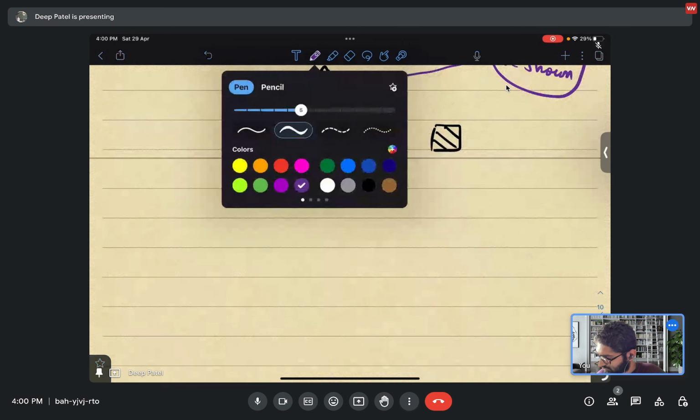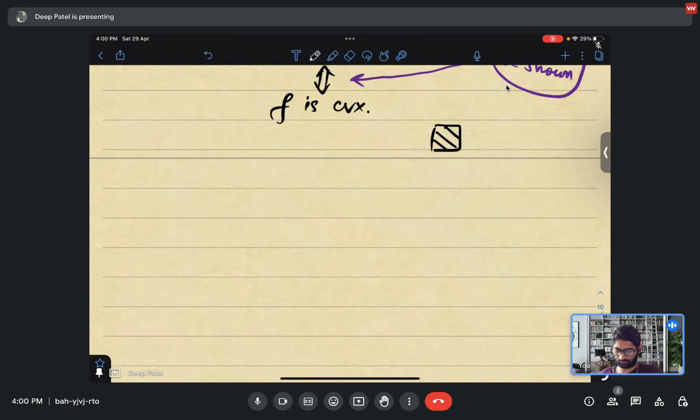Okay, so one more question. Since we are on the topic of convexity, I'll probably wrap up this course and the discussion with this one more question. It has a nice bit of algebra involved.